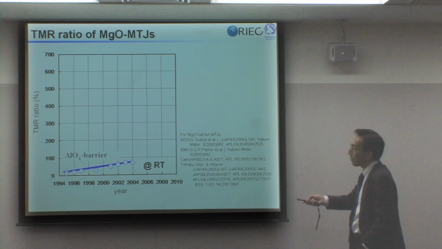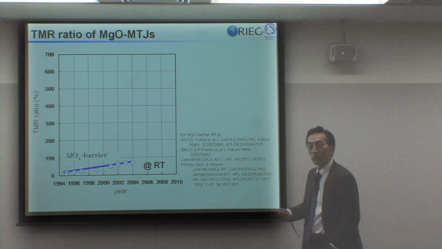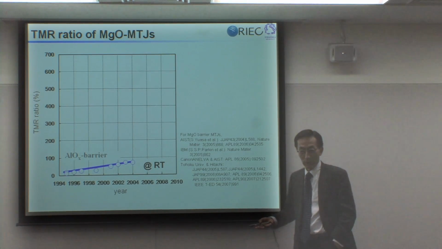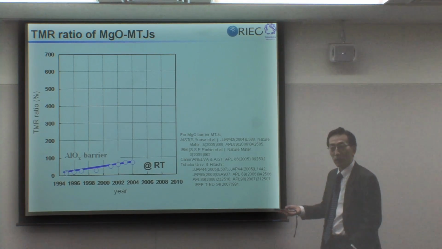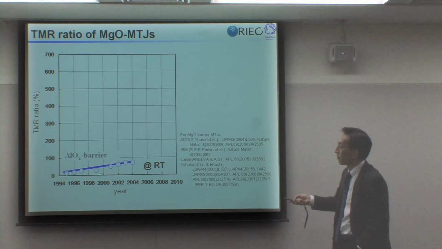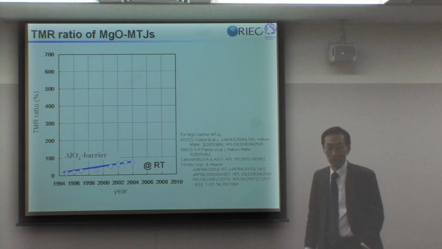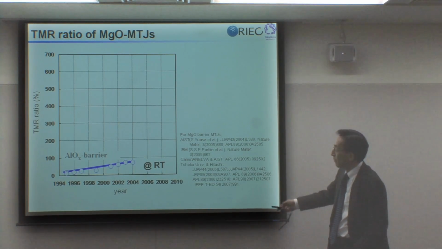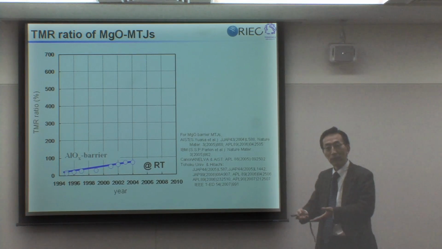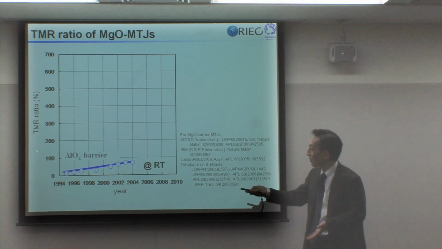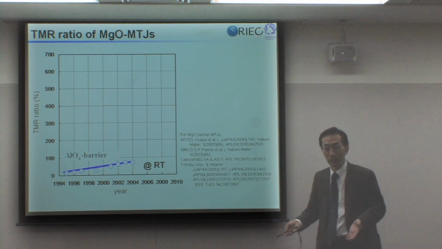And in 1995, two groups, one at Tohoku University and another at MIT, showed that at room temperature you can have a reasonably high tunnel magnetoresistance ratio. But for integrated circuits, we would like to have it beyond 100%.